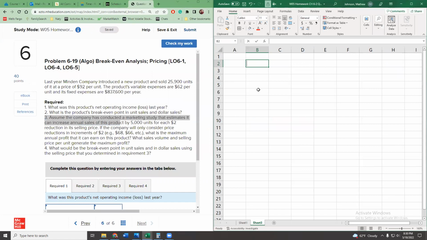The units are 25,900. Price per unit is $92, the variable per unit is 62, and fixed expenses, this one right here.